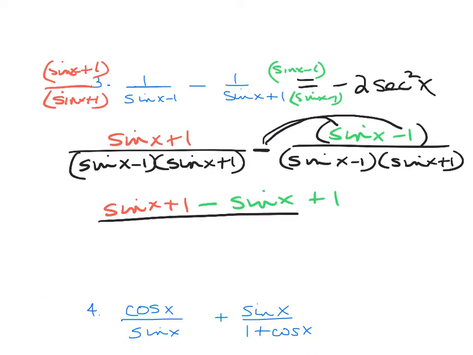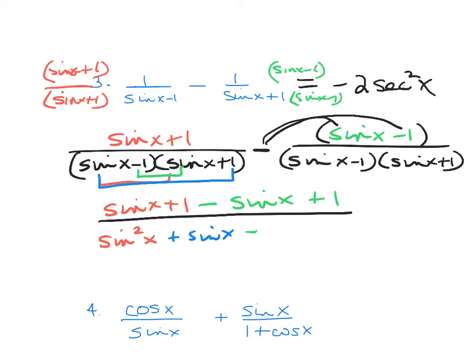It's got the same denominator. And I'm going to actually FOIL the denominator because it's going to turn into the difference of 2 squares. So if I FOIL the denominator, sine x times sine x becomes sine squared x. And then outside gives me plus sine x.